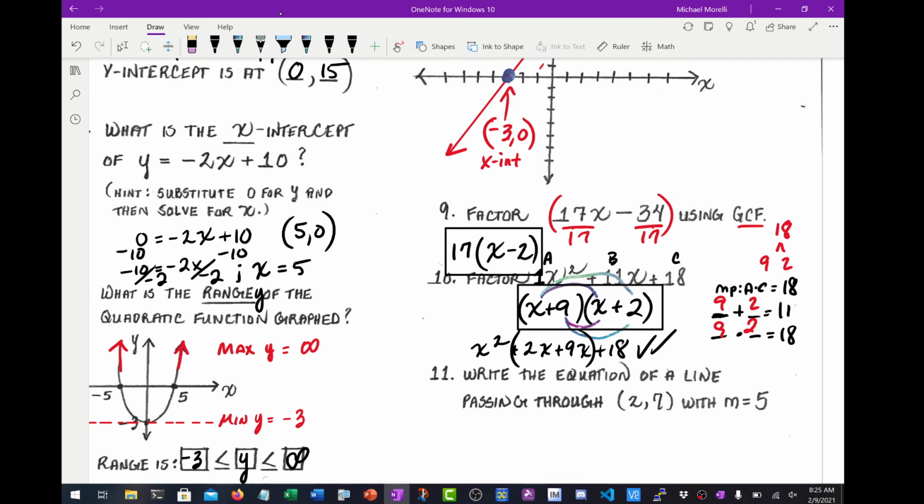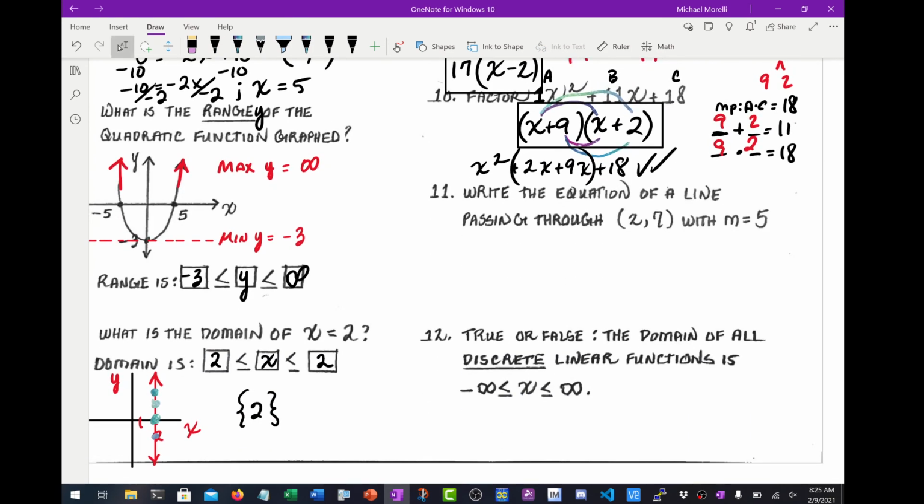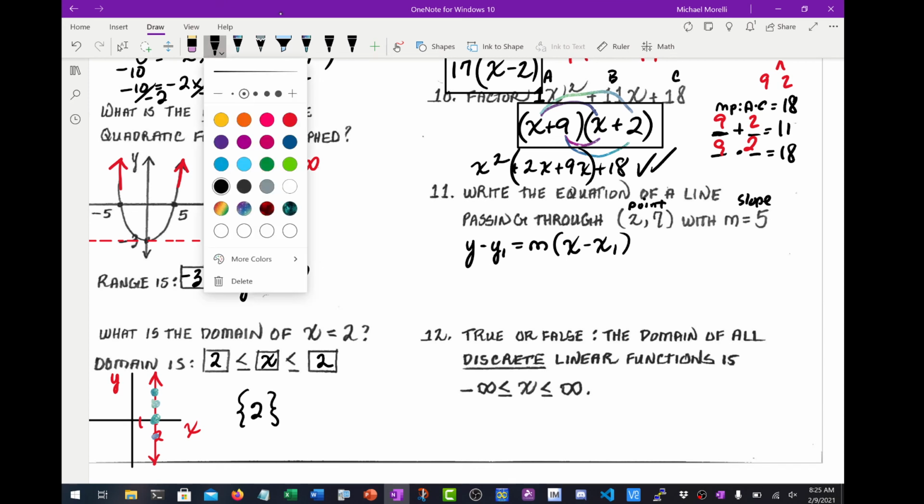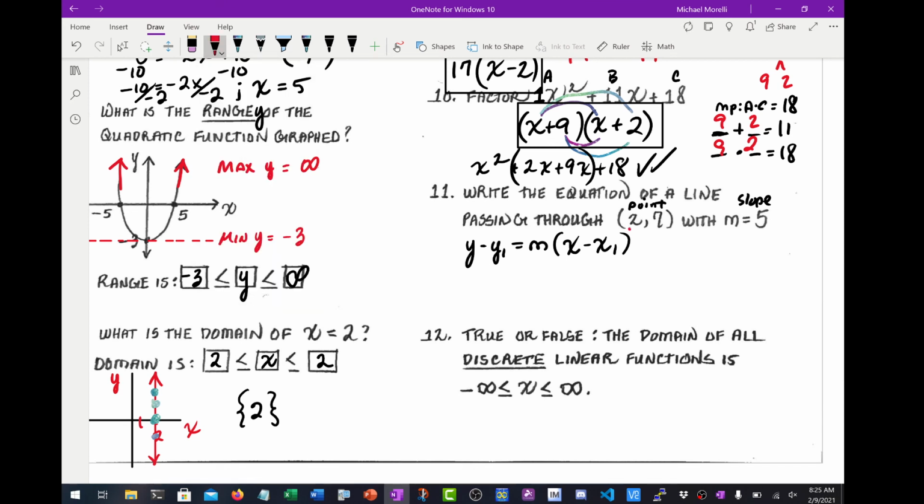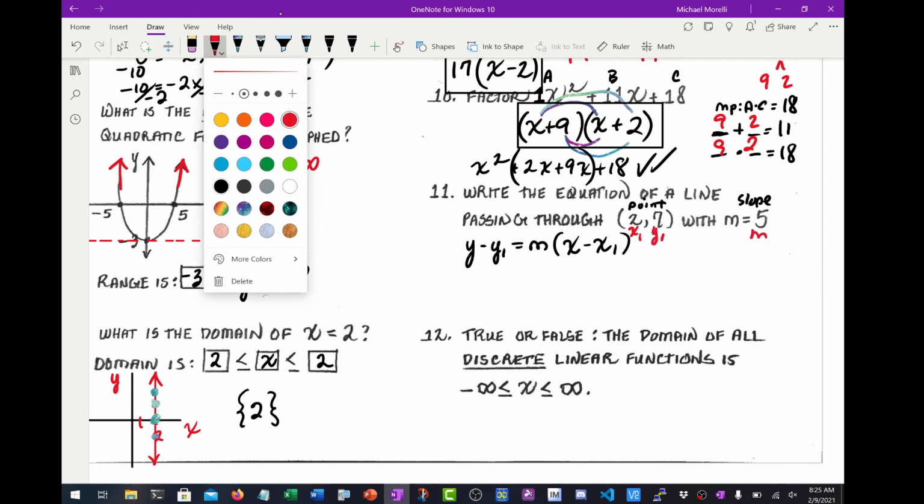Okay? Number 11. Write the equation of a line passing through point 2, 7 with a slope m of 5. So notice that you're given a point, and you're given a slope. So you should be using the point slope form. y minus y1 equals m, open parentheses, x minus x1, close parentheses. You're just going to substitute in these values. So it helps to label them x1, y1, and m, so you know what you're going to plug in.